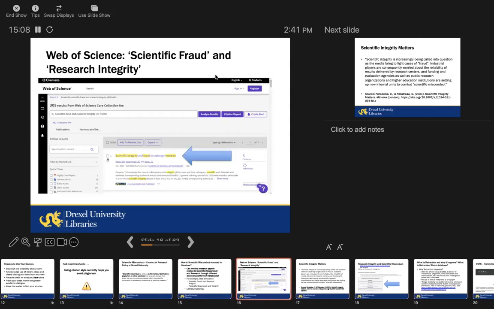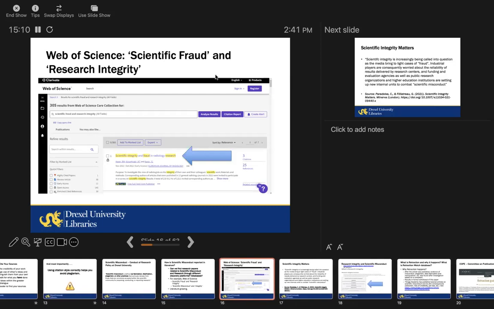So this is an example of a screenshot from the Web of Science database, and I used scientific fraud and research integrity as my keywords, and I'm pulling up a lot of papers. And we have access to all of these papers. So you can generate data in your own mind by looking at this. And what I'm trying to highlight here is being responsible yourself.